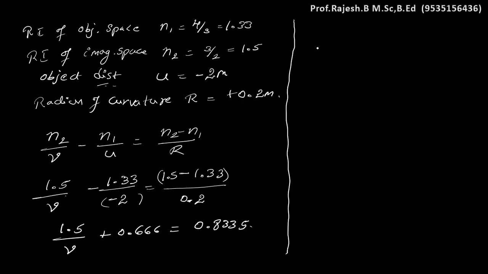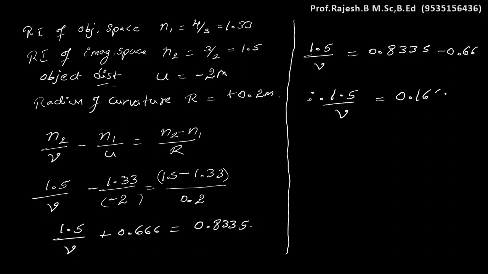Solving this, we get 1.5 by v equal to minus 0.666 plus 0.8335, which is 0.169.